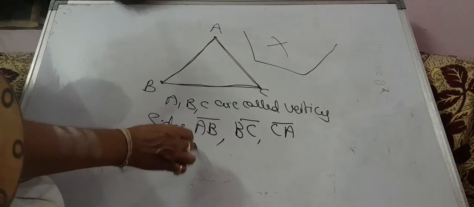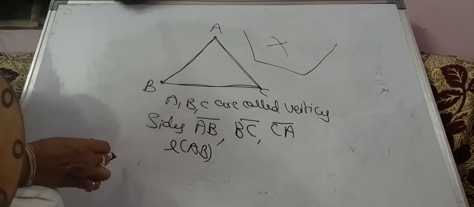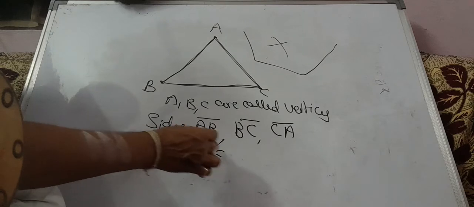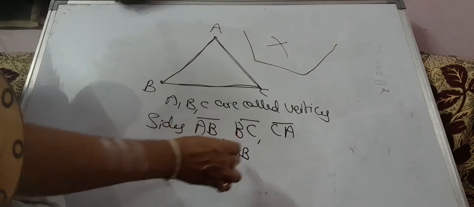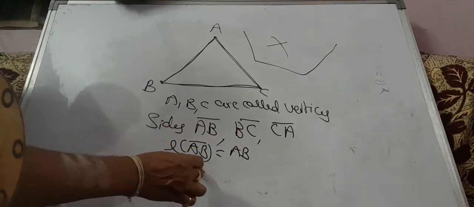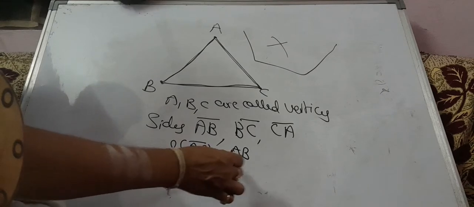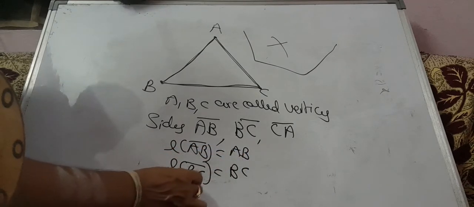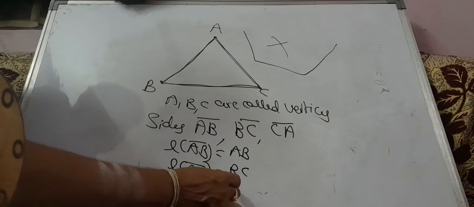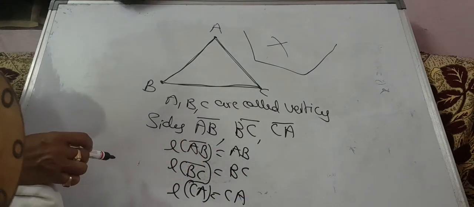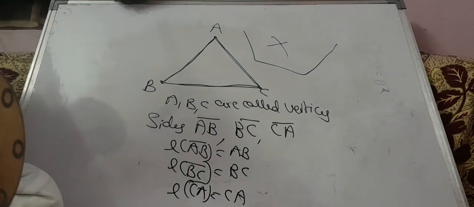So the length of AB is equal to, just simply write AB, length of BC, just write BC, length of CA, just write CA. So from now onwards, whenever you speak about the lengths of sides, you have to write AB, BC and CA.